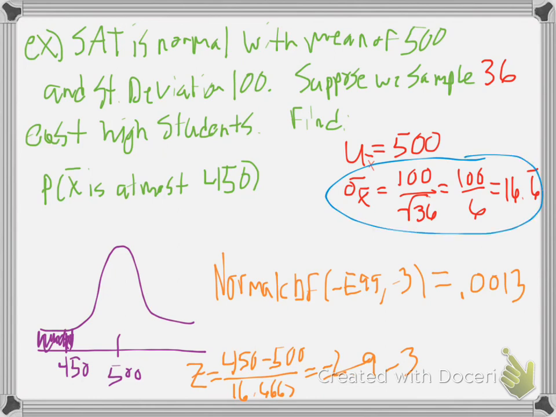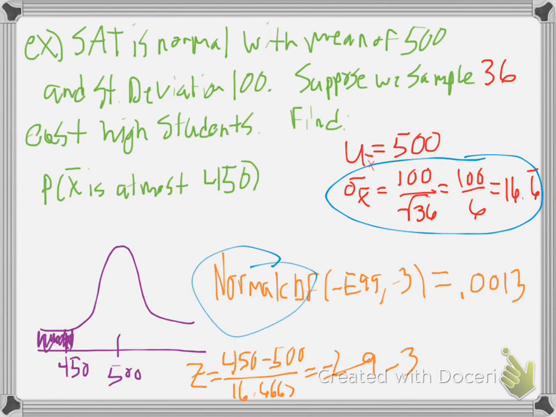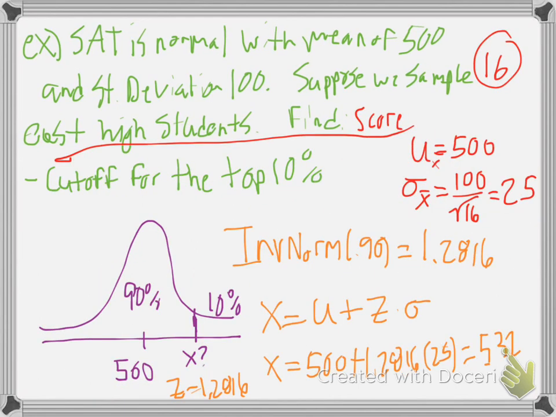We're asking the same type of questions: at most, at least, cutoff for percentages. So the first two are for probability, and we use normal CDF. The last problem asks for a score that is a cutoff, so we start with inverse norm, and use our formula to get x from z. Good luck with your examples, and we'll talk to you later.